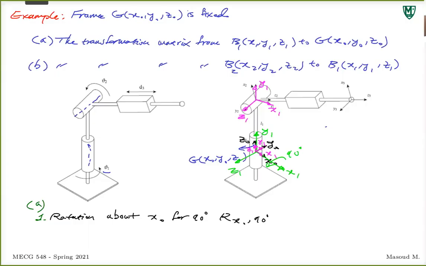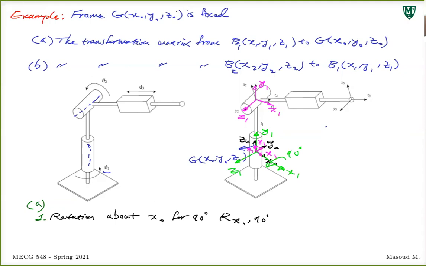Now, the second rotation would be, well, we want to make sure that this is aligned with x1, y1, z1. And since this is a revolute joint, it can rotate with v1. So if we rotate this green axis v1 amount about z naught, we'll get these two aligned.